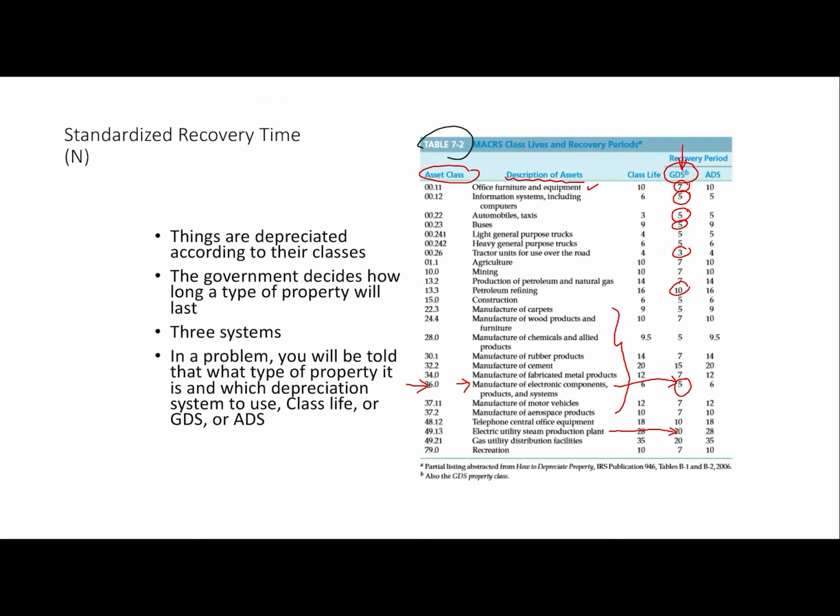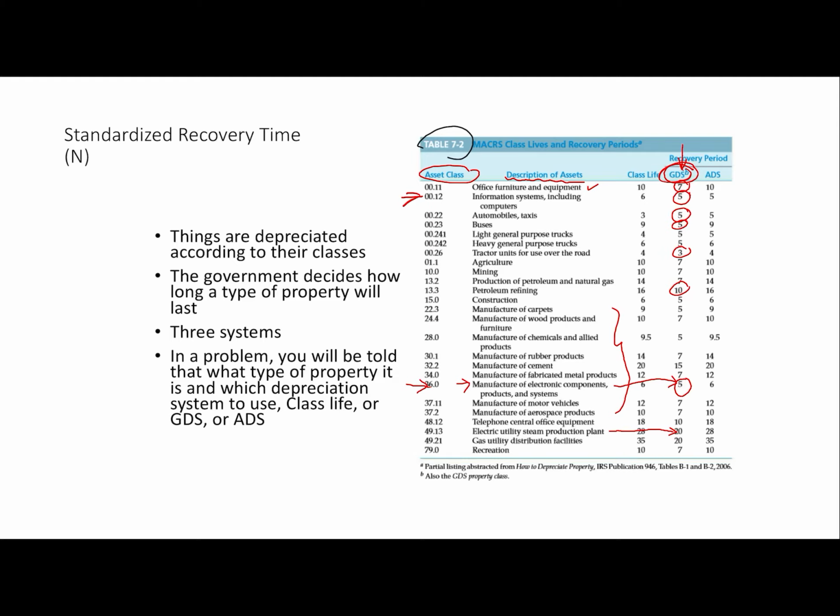So for a given problem, if you know what kind of items or properties were purchased by the company, you want to first know which class it belongs to. For example, if you buy a computer for your company, you want to know computer is class 00.12. Then using the GDS method, the useful life is 5 years, or the recovery period is 5 years.